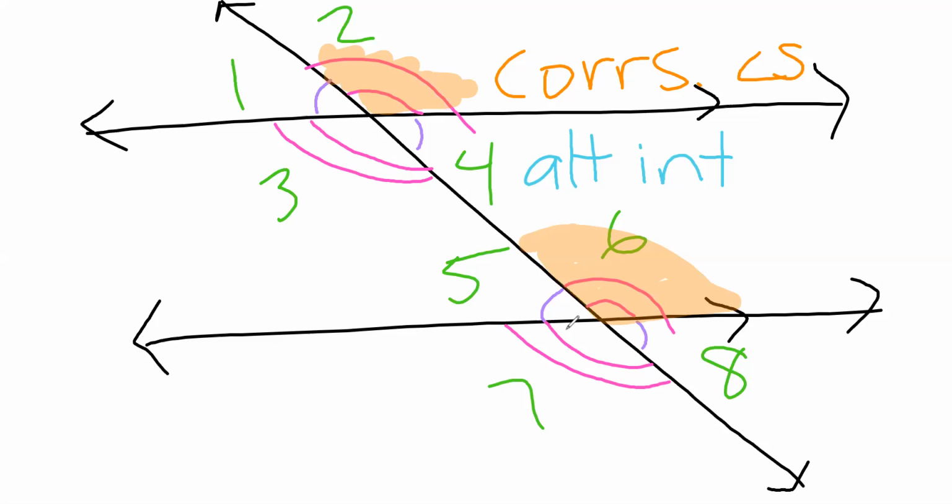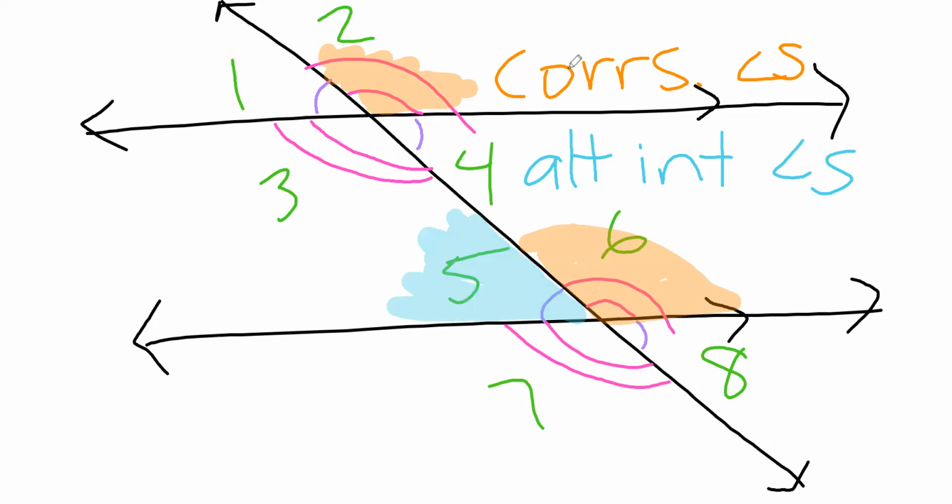I'm going to shorten that alternate interior like that. So the idea behind alternate interior angles is that they are on opposite or alternate sides of the transversal, but interior of the parallel lines, so the inside of the parallel lines. So that would be like this one. This is inside the parallel lines, right?